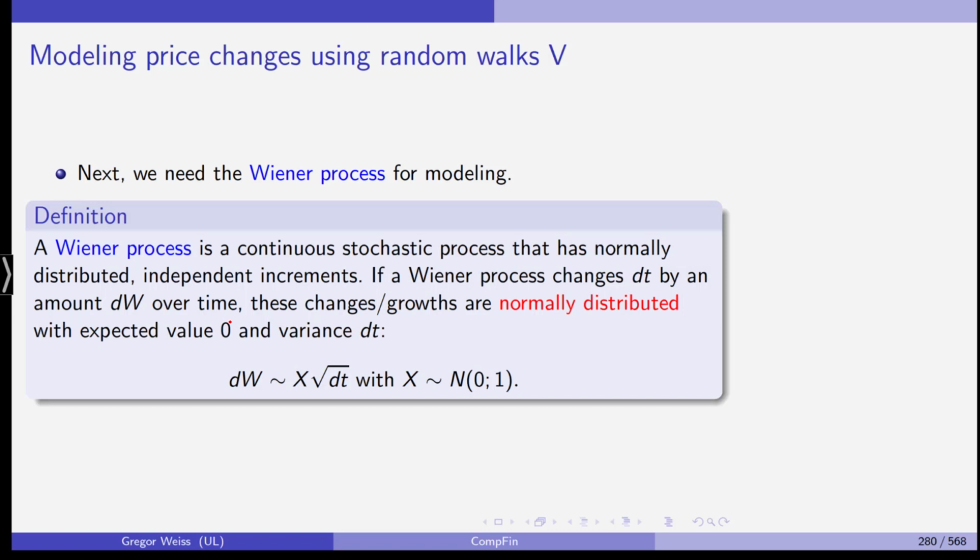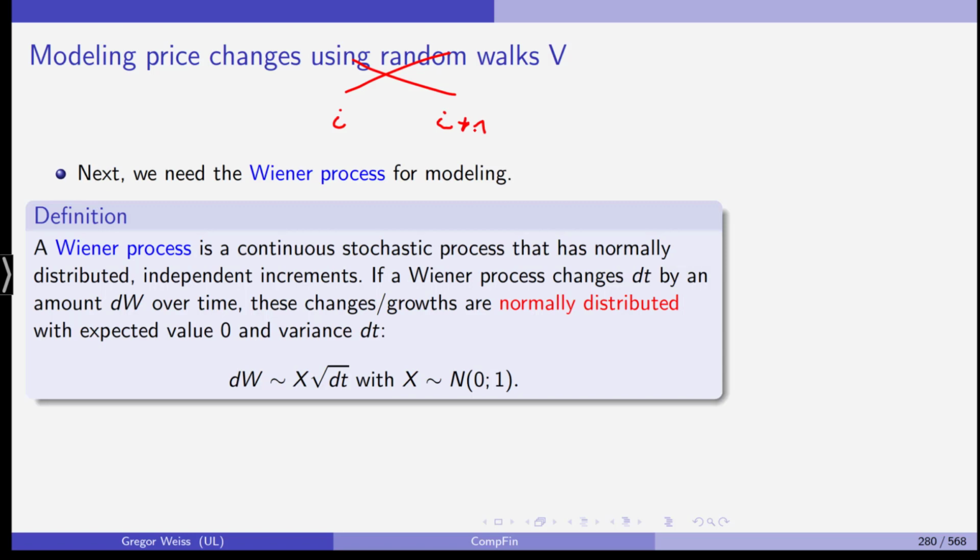Increments are the changes from, let's say, i to i plus 1. So the difference in the process is called an increment, also changes or growths. So the increments are normally distributed and independent over time.